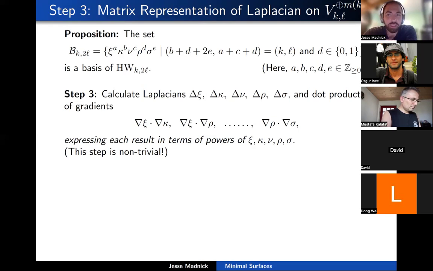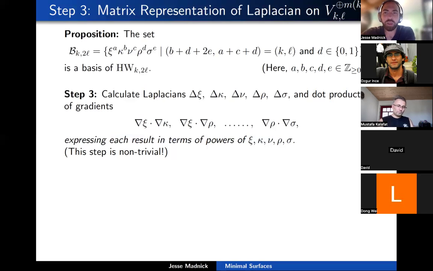And like I said before, the main point here is that you need to express each result in terms of the original functions. You need to express the Laplacians and the dot products of the gradients in terms of these powers of psi, kappa, nu, rho, and sigma. This is not trivial at all. And this is where you need to use the properties of highest weight functions to make, in a sense, an educated guess.